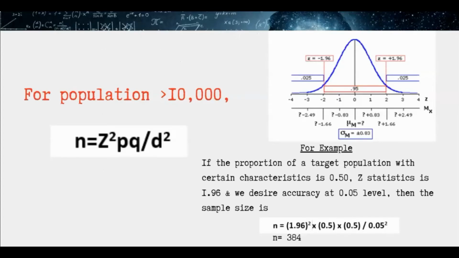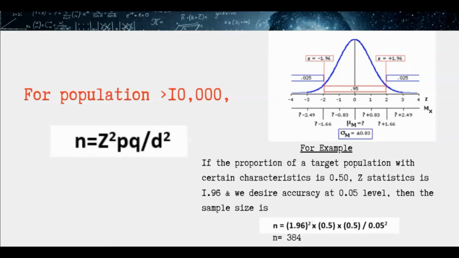So, this is the formula to measure the sample size for a population above 10,000: N equals Z squared PQ divided by D squared. N is the desired sample size and Z is the standard normal deviation, usually set at 1.96, which corresponds to the 95% confidence level.